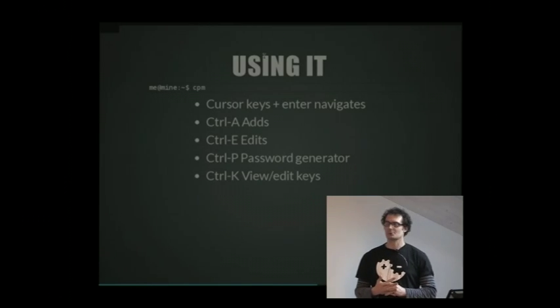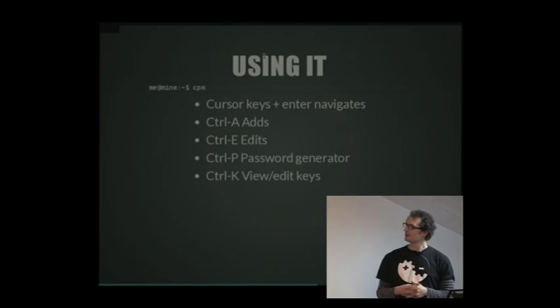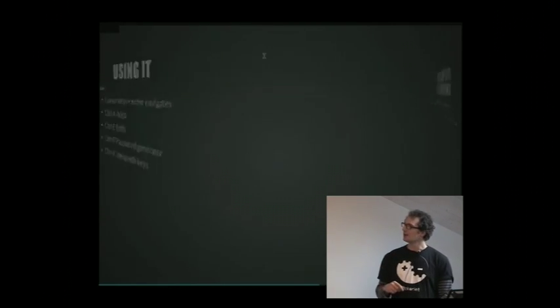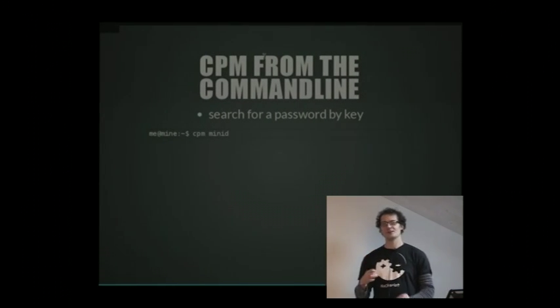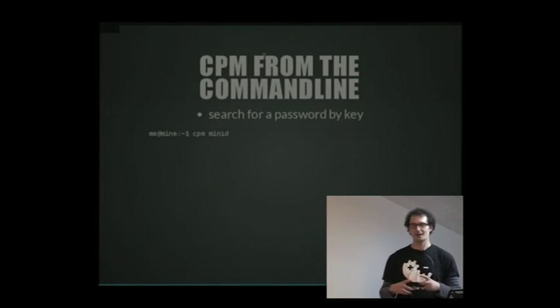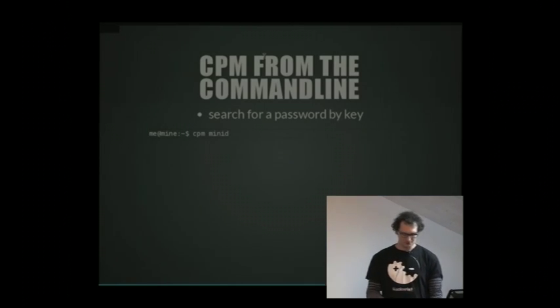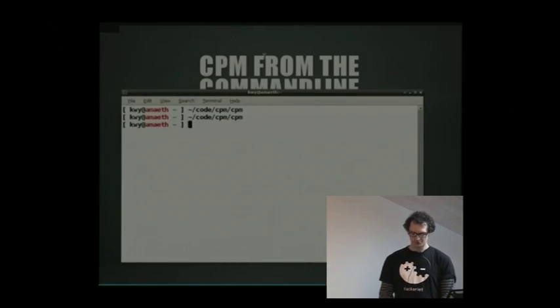So that was me showing you how to use it. Control-A adds, Control-E edits entries, Control-P password generator, Control-K edits, views, adds keys. You can also search in the database just by writing CP/M and then whatever you're looking for. So here I would just do, I'm just going to make this a little easier on me.